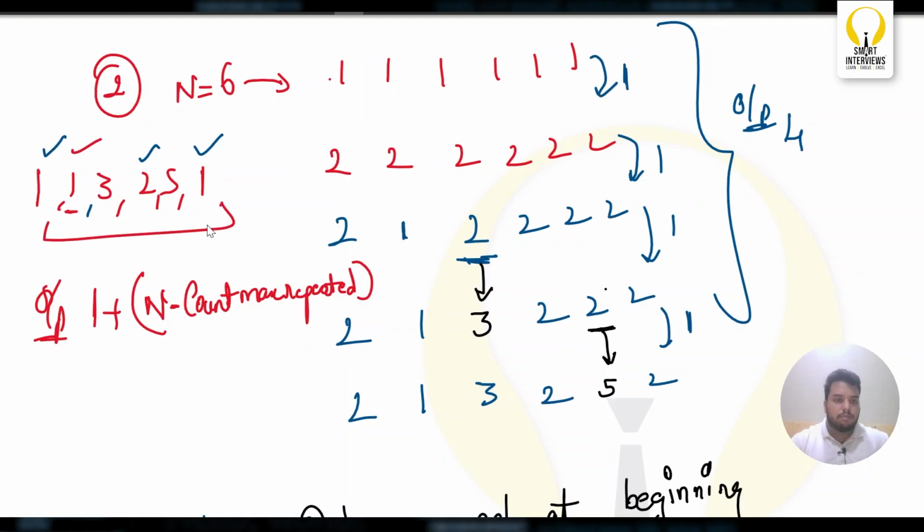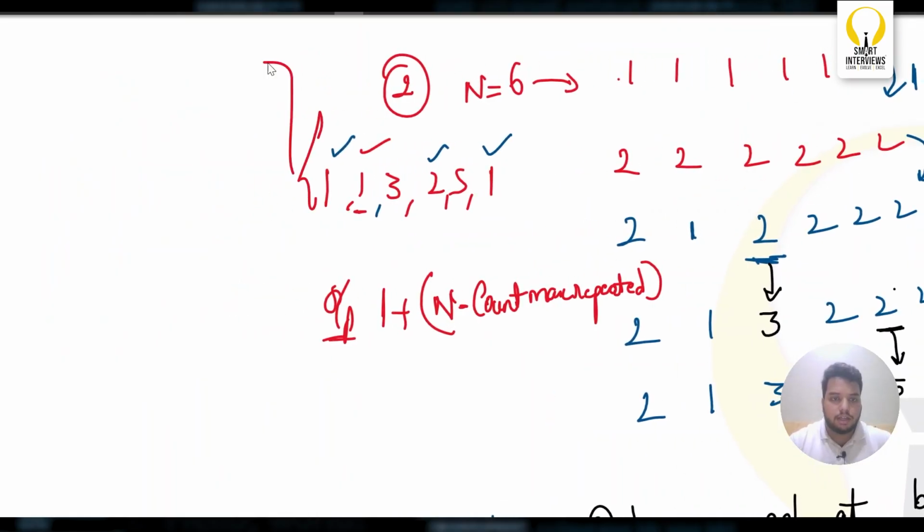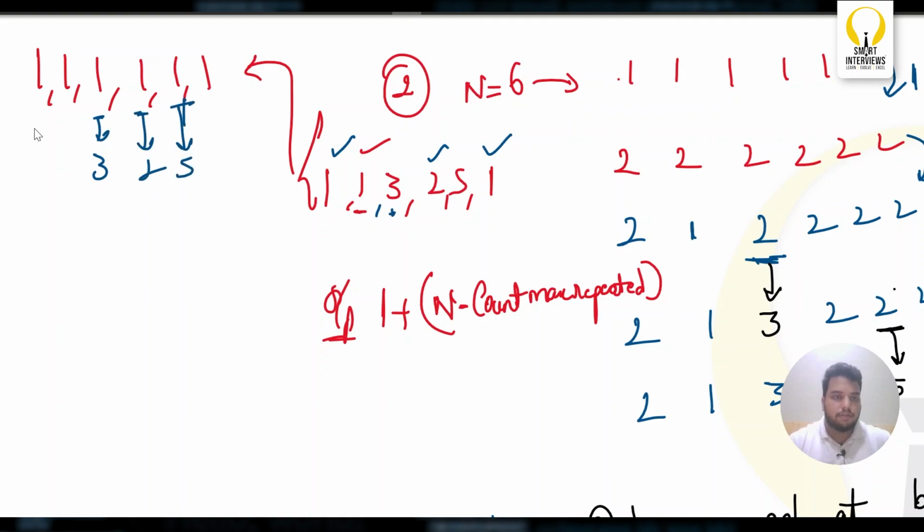If this was my example, I can simply convert it, initially all are 1, positions 1, 2, 3, 4, 5, 6. So I can simply perform operation 2 again and again. It would have been converting this to 3 and this to 2, and the last but one to 5, and the remaining would all be the same.